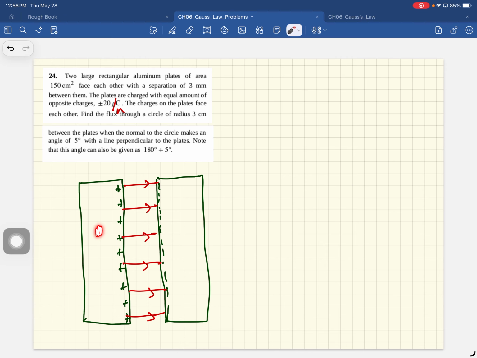So this flux would be V dot dA, which is alpha times x squared plus y squared, z hat, dotted with dy dz x hat. And of course, the vector field is in this direction and this area is in that direction.